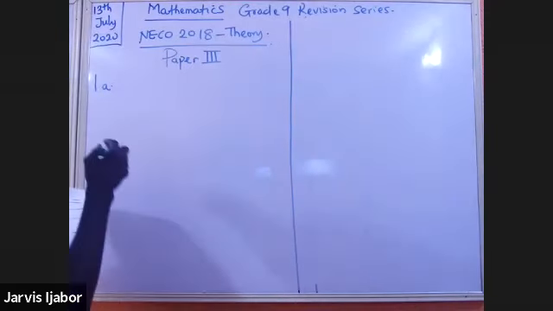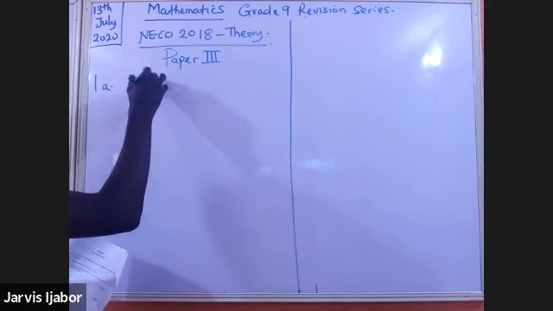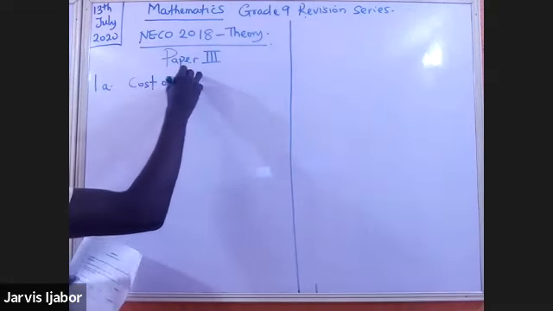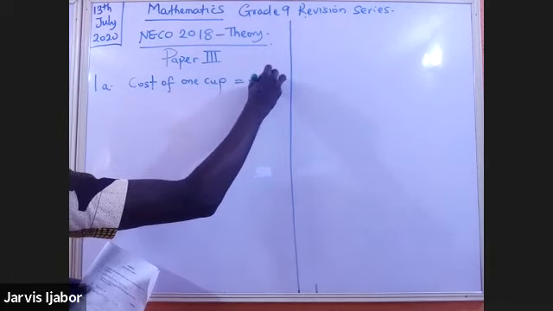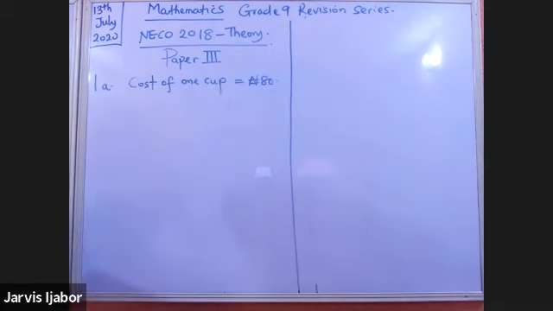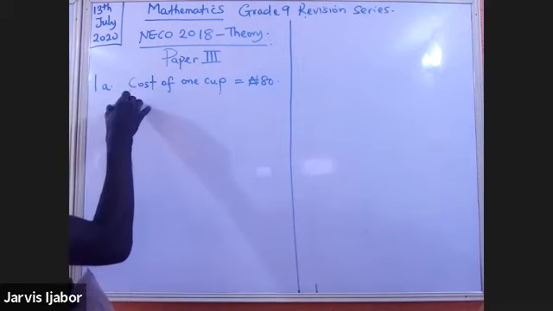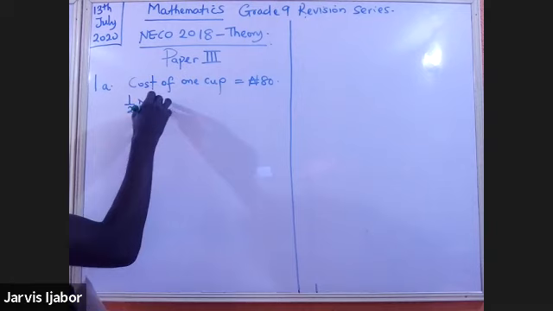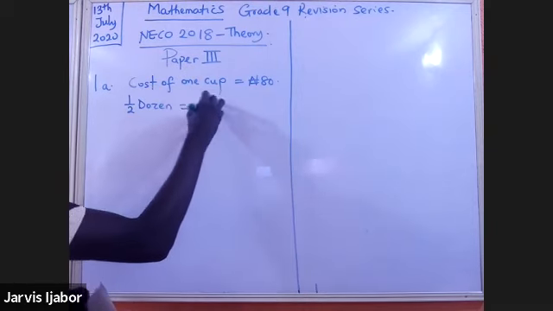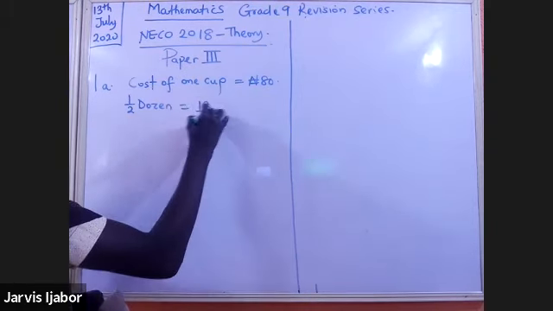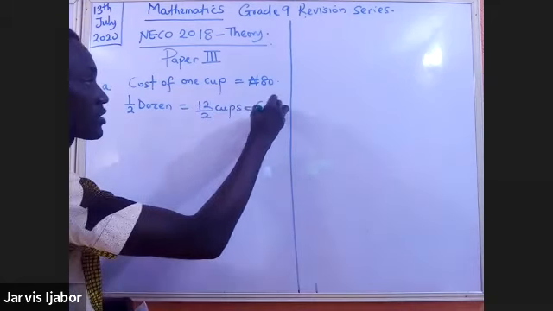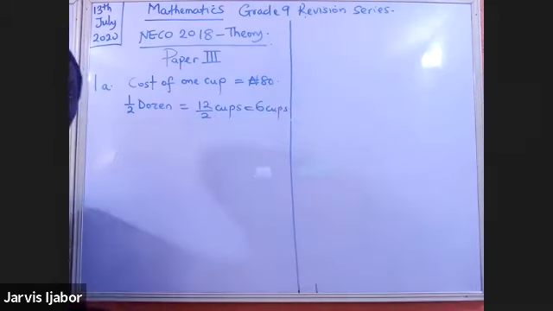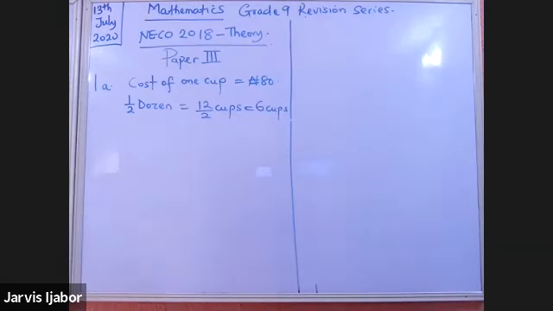You start by saying cost of 1 cup is equal to 80 naira. So half dozen is equal to 12 over 2 cups, because half dozen is what? 6 cups. Are we following?